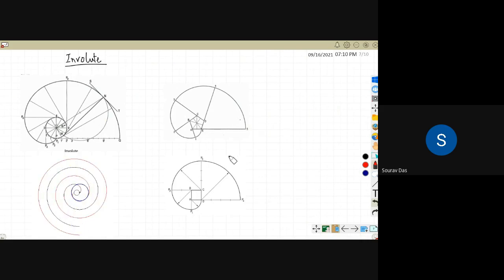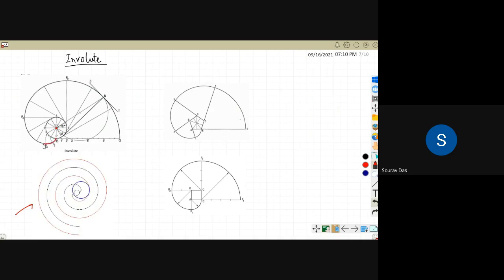Now the next is involute. Involute is a curve traced out by the end of a piece of thread if it is unwound from a circle or polygon. If you see this animation, this is a circle, and a thread is unwinding from this circle.